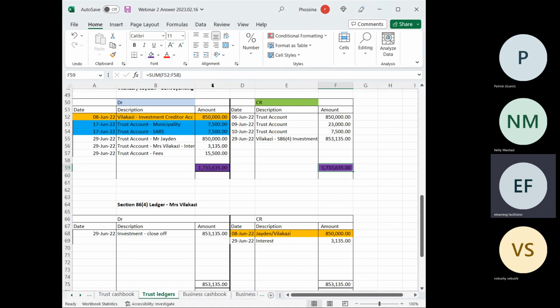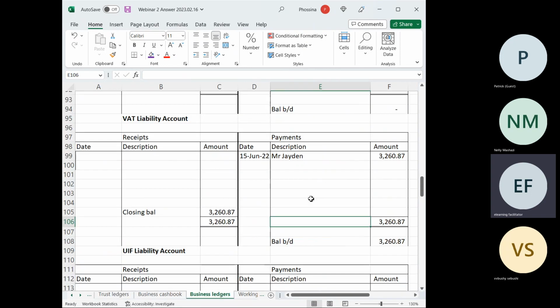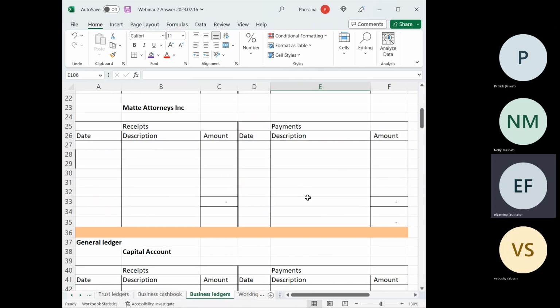So it means we've accounted for everything. The account is now balancing, everything has been paid out. And then since we are transferring money to the business account, it means we also need to record these transactions to the business side.